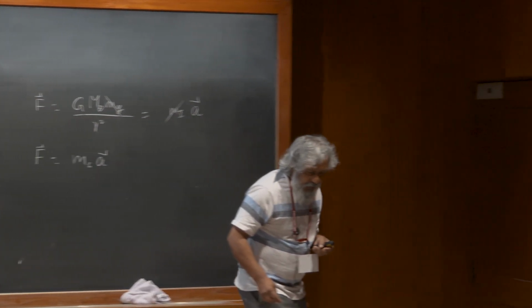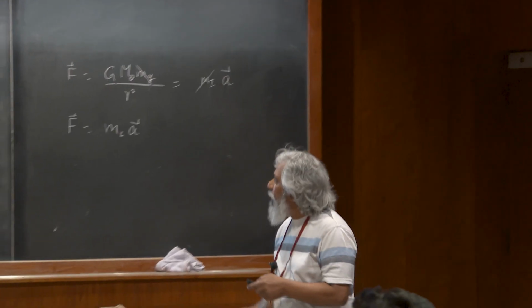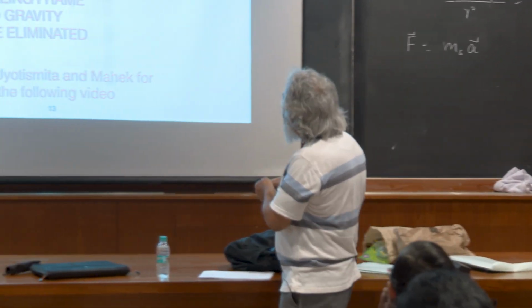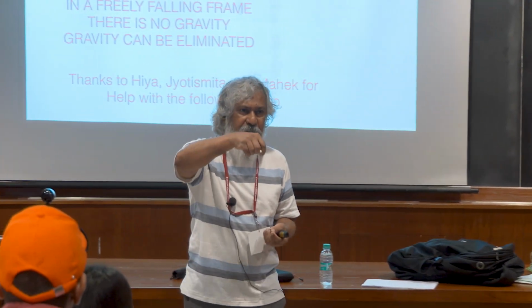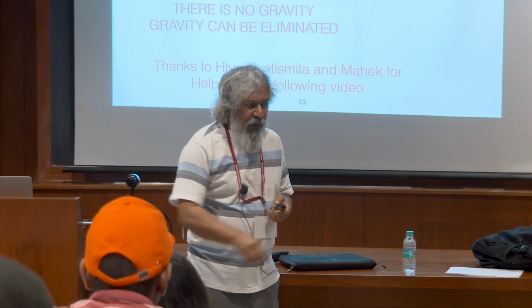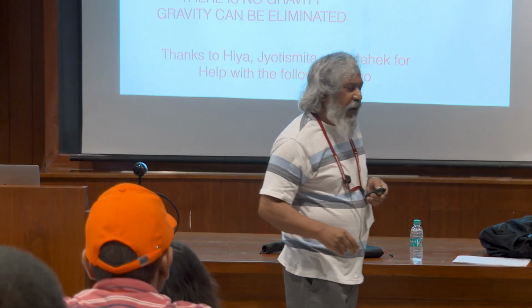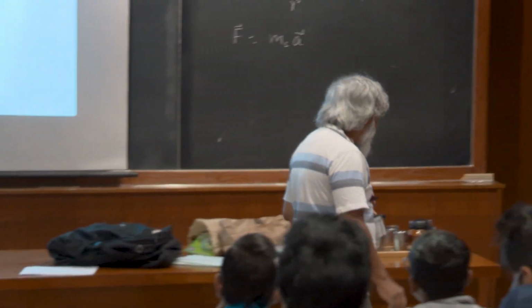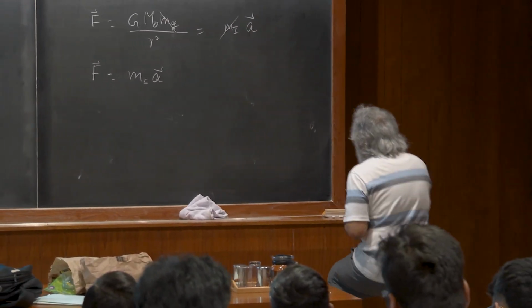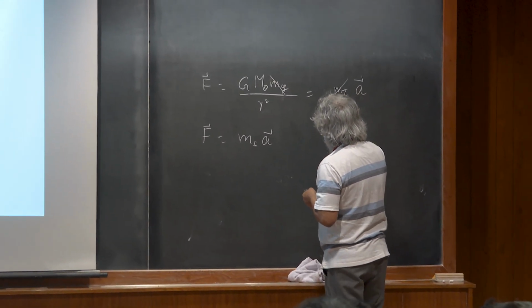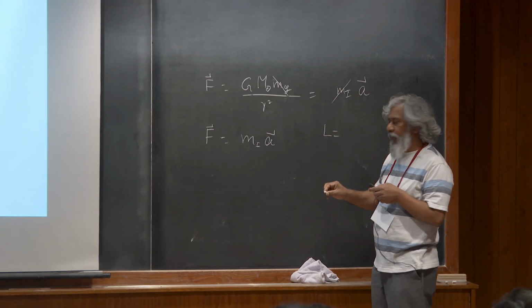So now the tests that have been conducted are of various kinds. One uses a pendulum. If I take a pendulum, you know that to derive the frequency of a pendulum, you have to write down, I don't know if you people are comfortable with these kinds of ideas, a Lagrangian. Yeah?